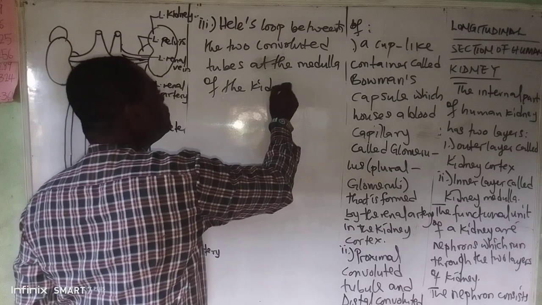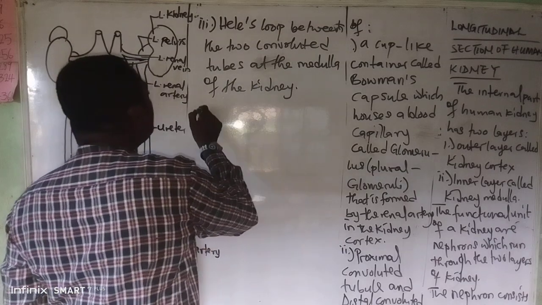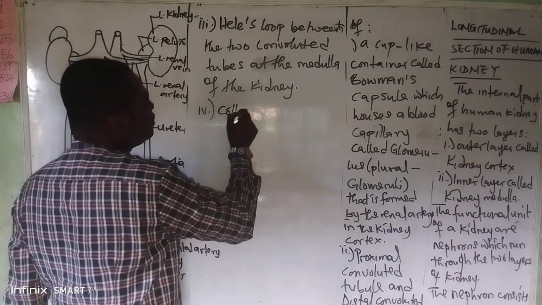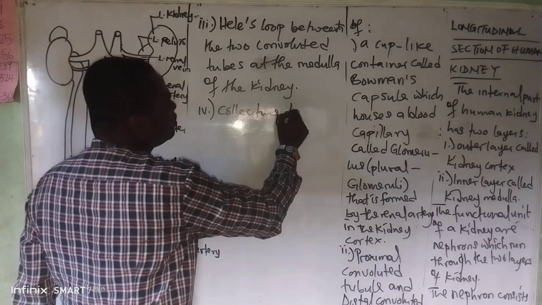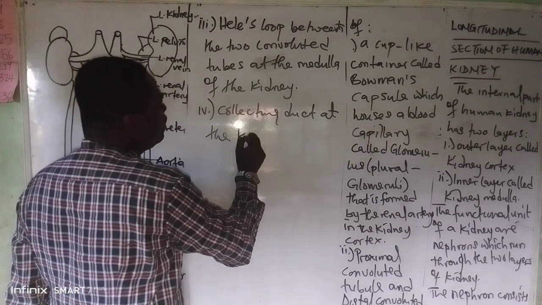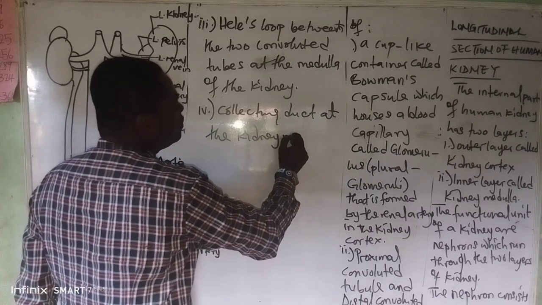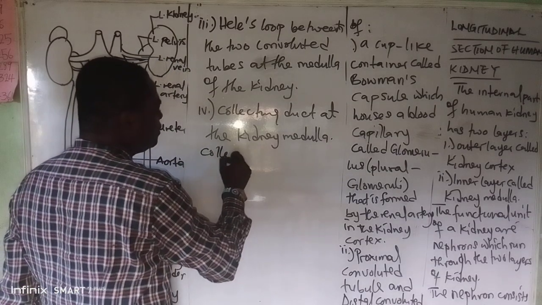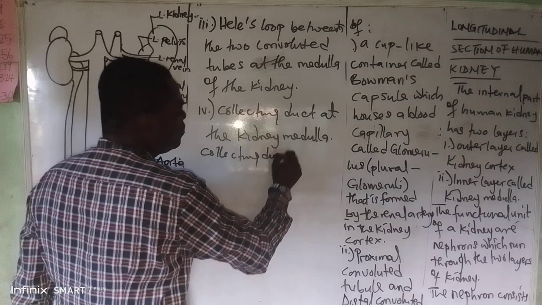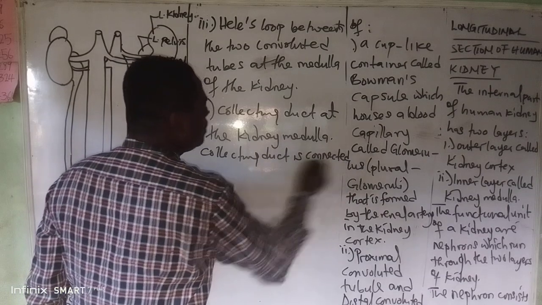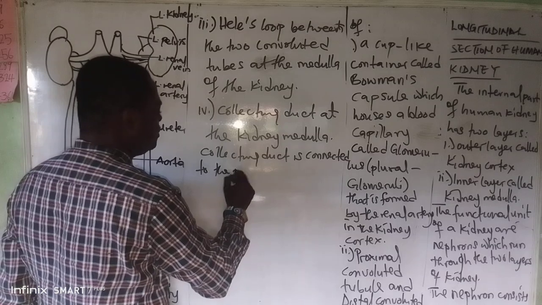Please take notes. Then number 4 here is the collecting ducts at the kidney medulla also. So the collecting ducts are connected to the pelvis.